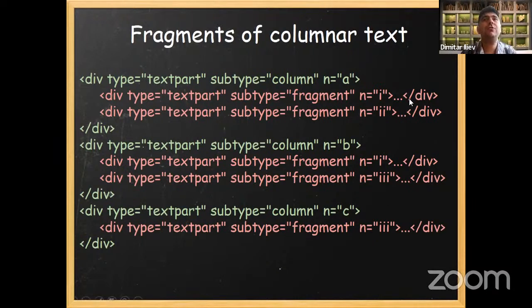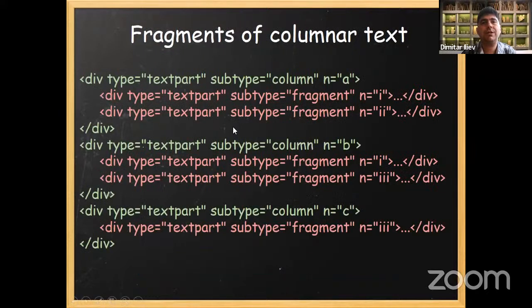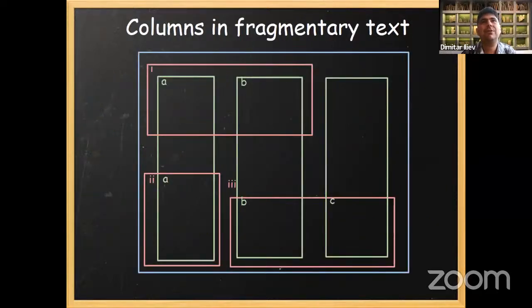You only need to indicate with elements and sub-elements where exactly you want this to be nested. But I hope that you will not deal with such complex examples pretty early in your encoding practice.